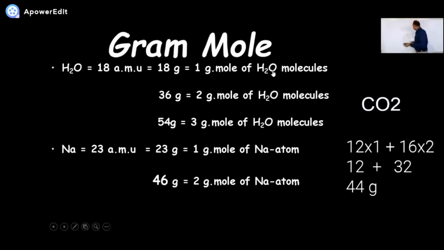So this is its molecular mass. If you represent it in gram, it will be called gram molecular mass. 1 molecule of carbon dioxide, its mass is 44 gram. Scientists call it what? 1 mole. If it's double of it, 88, you call it 2 moles. Okay?